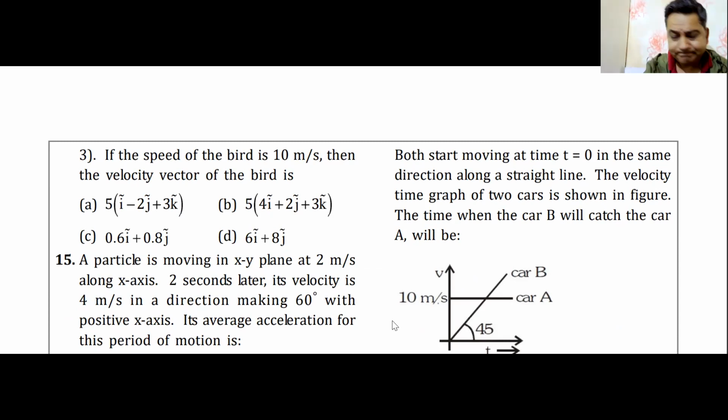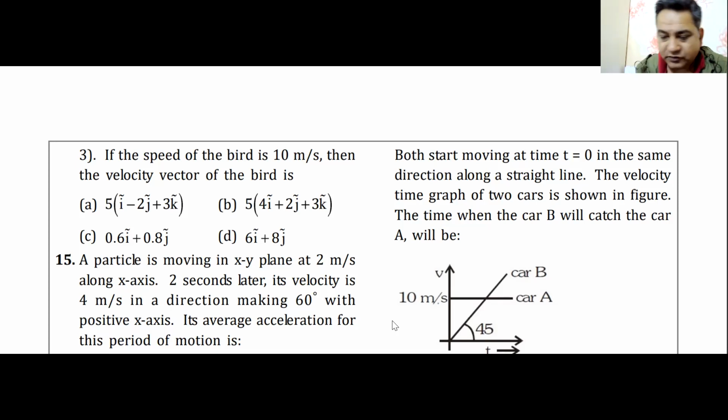Speed is given, and it is given from where to where it moves. So you know the direction of motion. So you have to multiply speed with the direction of motion. Speed is already given. Direction of motion, you can find out the vector, initial point to the final point. You have to find the unit vector.